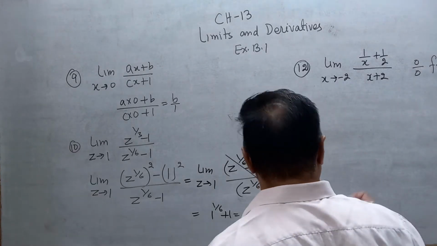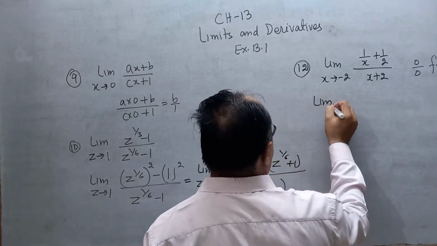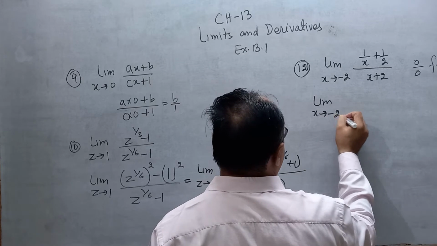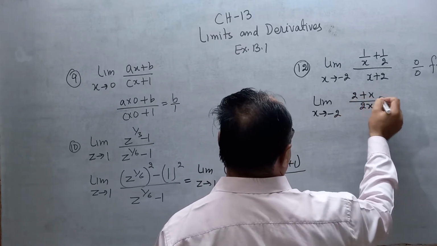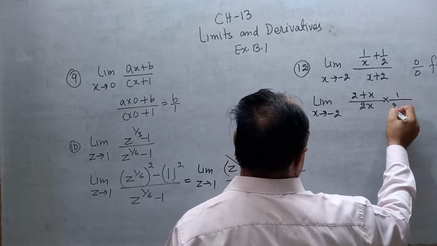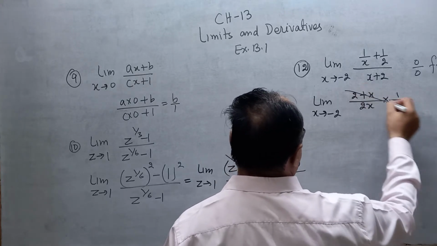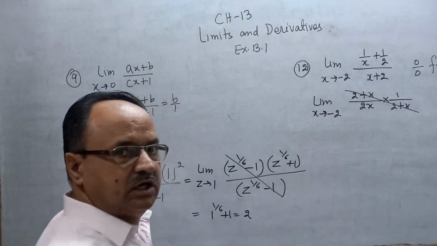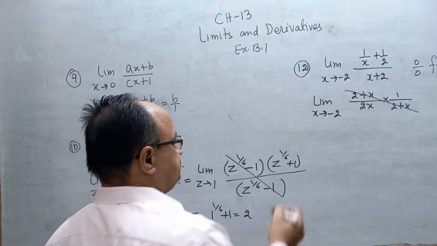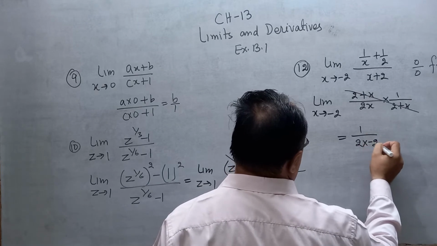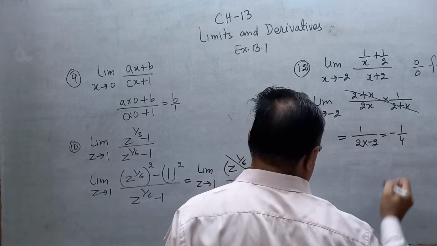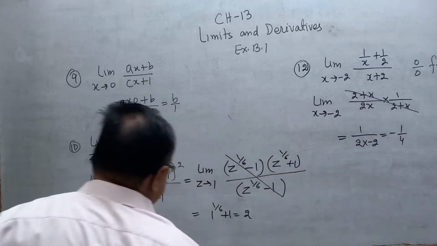It means simplification is required. Taking LCM, that is 2x, (2 plus x) into 1 upon (2 plus x), this will cancel. Now apply direct method: 1 by 2 into minus 2, that means minus 1 by 4. This is the answer.